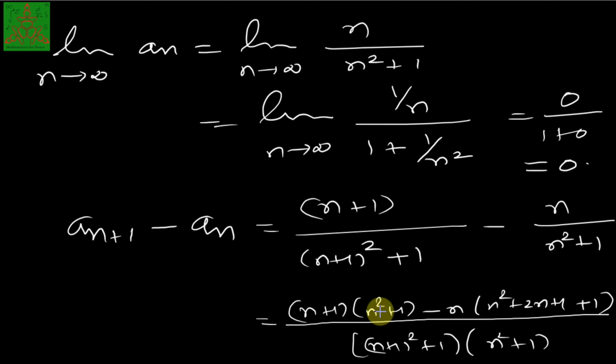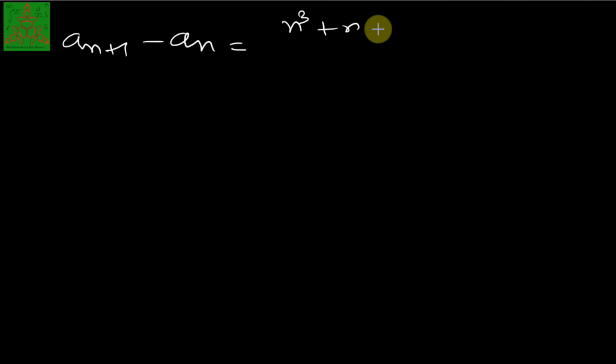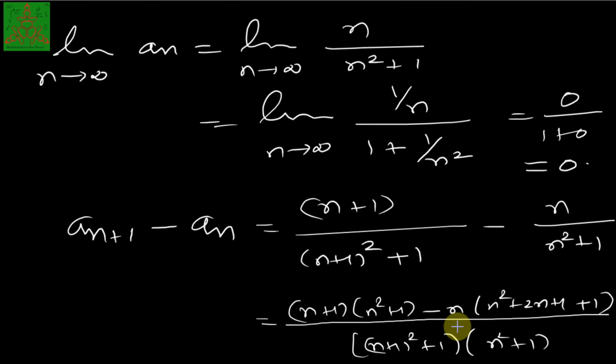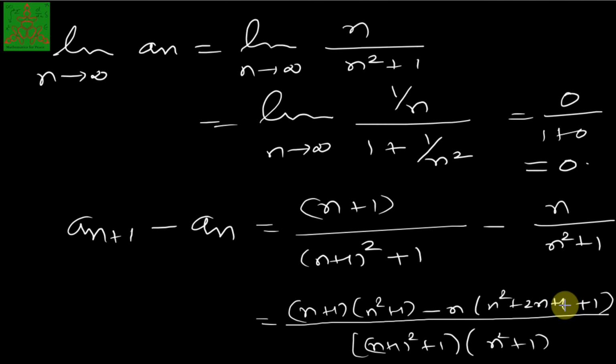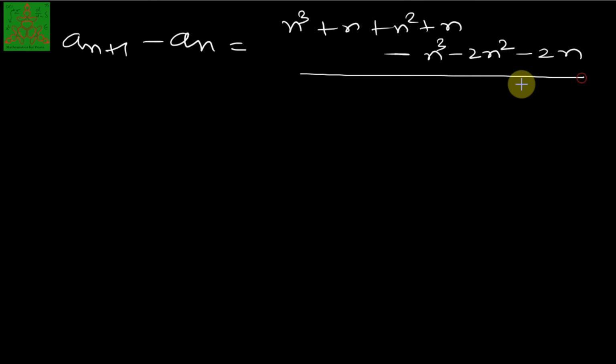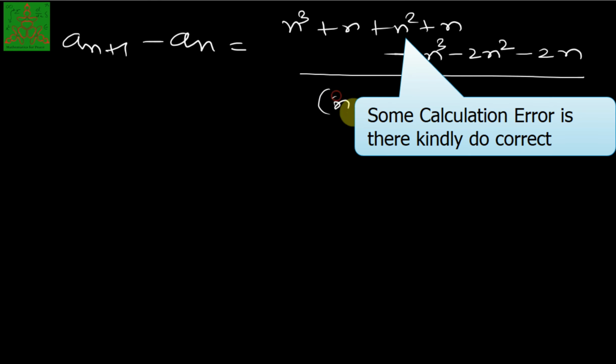Simplifying these brackets, the first product leads to n cube plus n plus n square plus 1. Then for the second, every term is negative, that is n cube minus 2n square, and n multiplied by 1 plus 1 will become 2, so it is minus 2n, upon (n plus 1) square plus 1 into (n square plus 1).